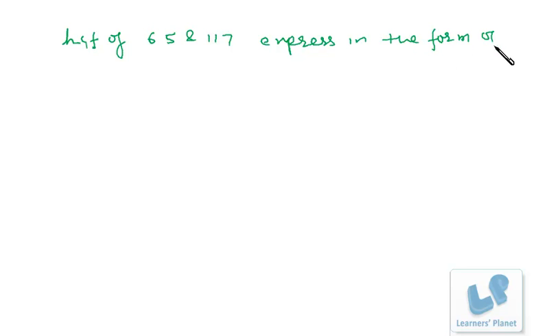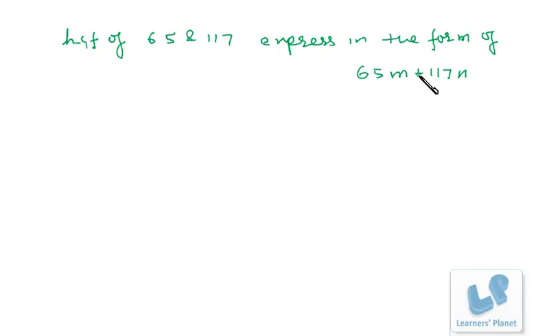Now friends, let's see the next pattern of question. Suppose we have to find the HCF of 65 and 117, and express it in the form 65m plus 117n.